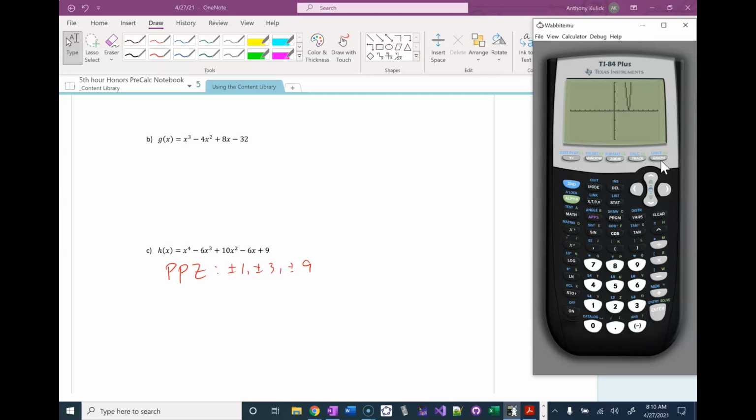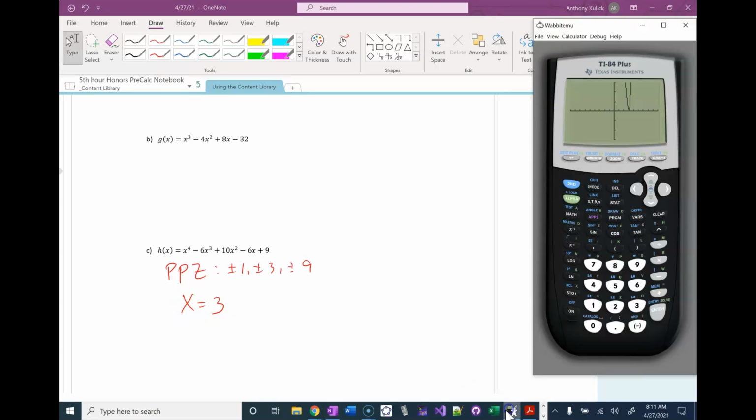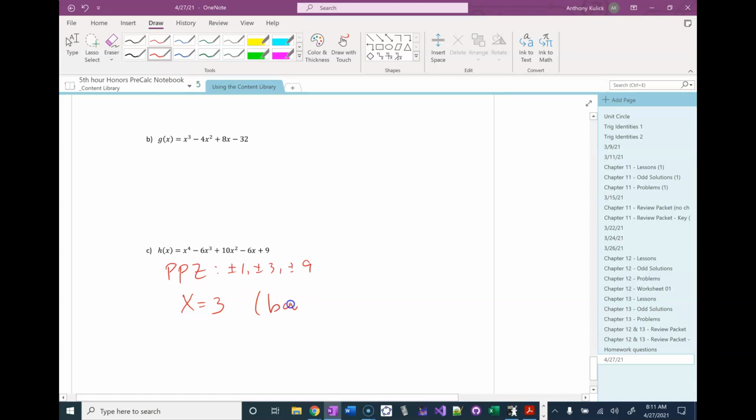Okay, so the graph, I see x equals 3. But if I look at that graph, notice how it's hitting the graph and then bouncing back the same direction it came. That indicates something to me. Because this is a bounce, I know it has a multiplicity of an even number.